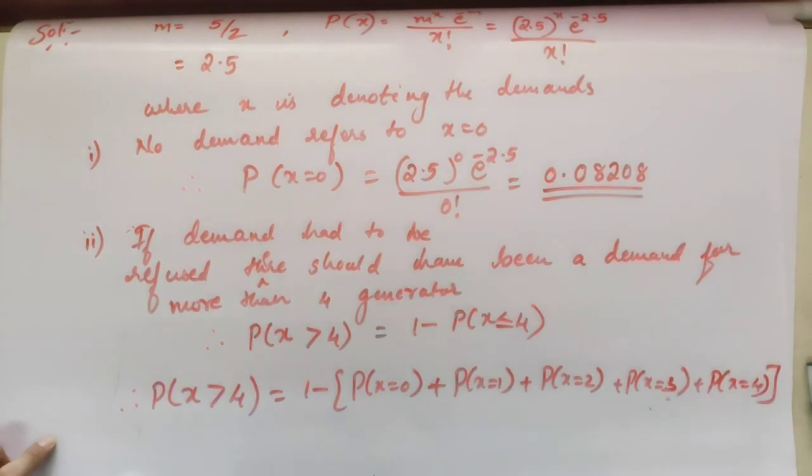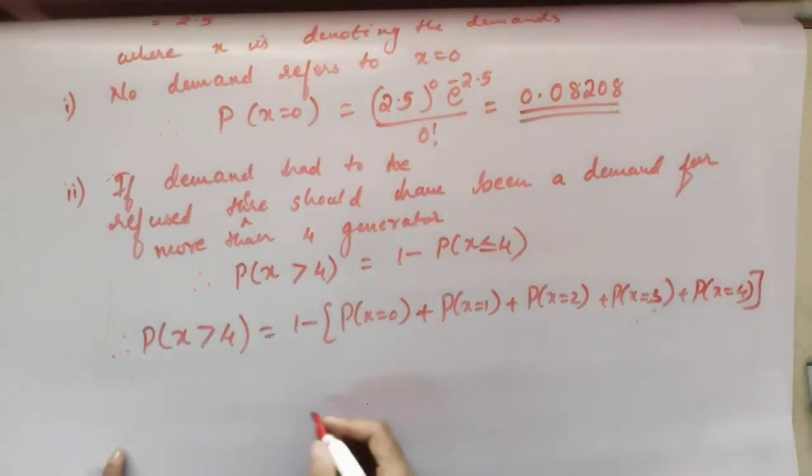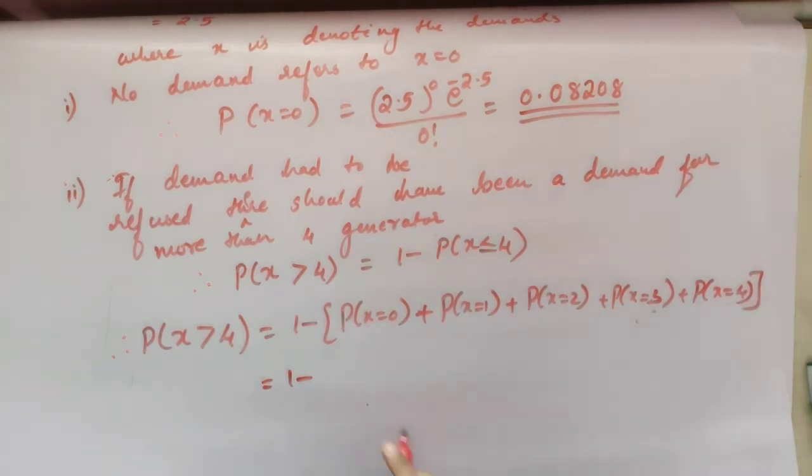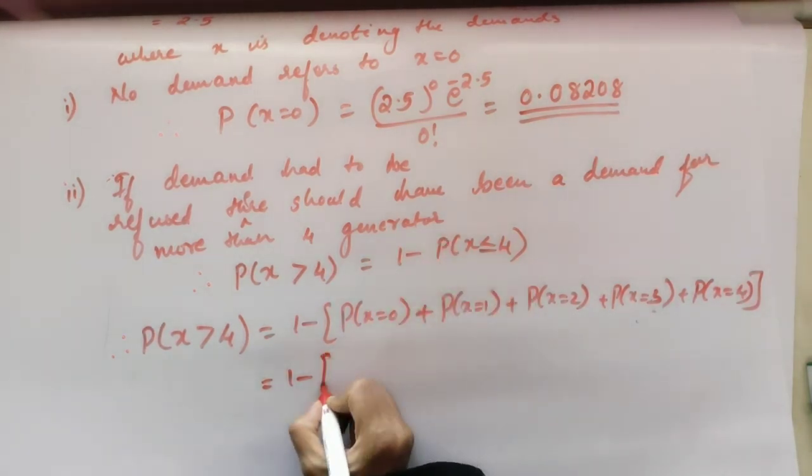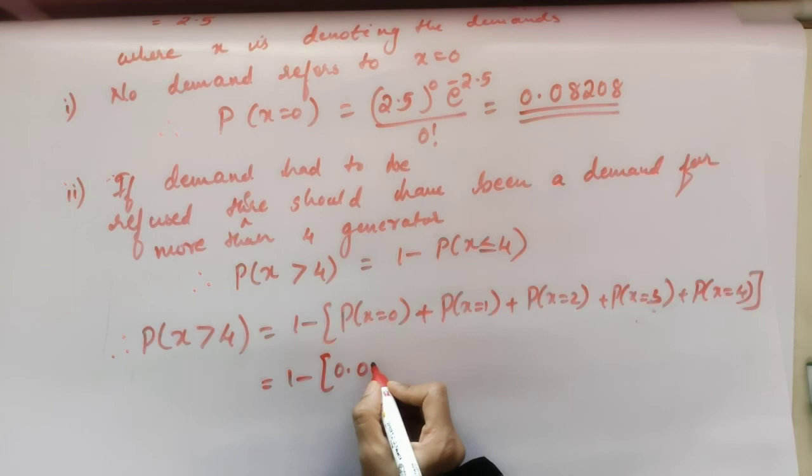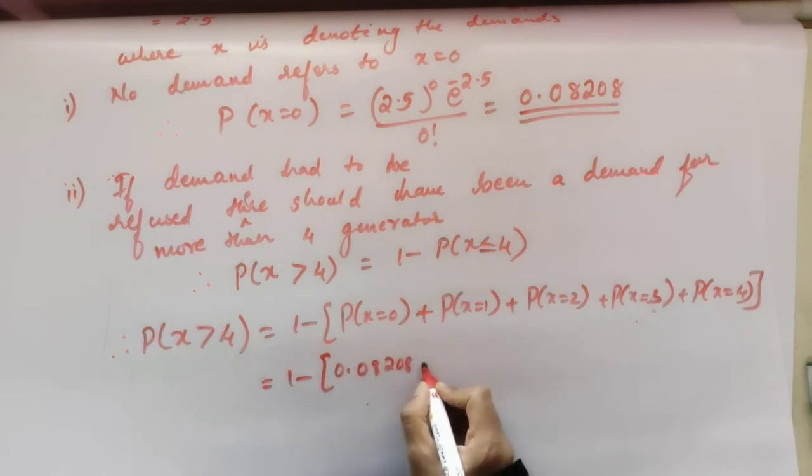Just do this like we have done before. So it will be 1 minus P of x is equal to 0, which we have already solved: 0.08208. I'll directly write the value here.